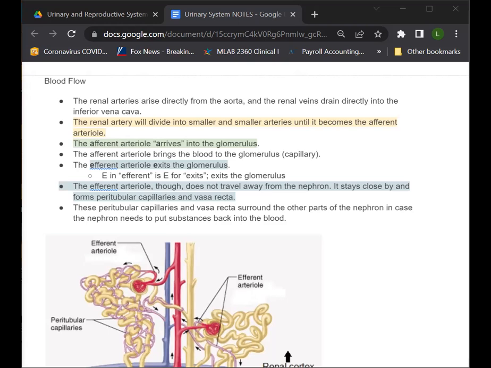Okay, so anyway, the afferent arteriole is supposed to arrive into the nephron at a specific part called the glomerulus.